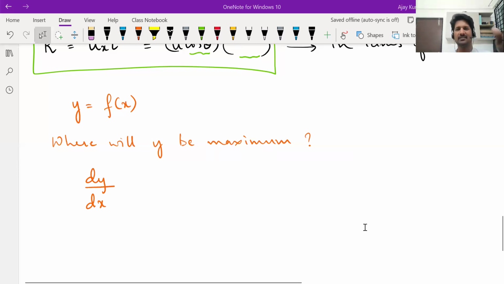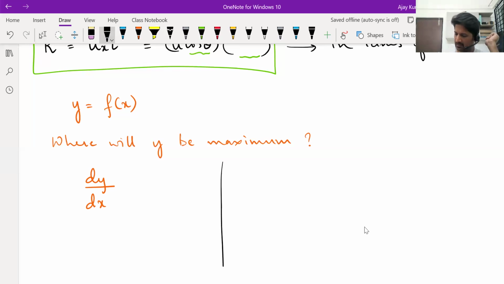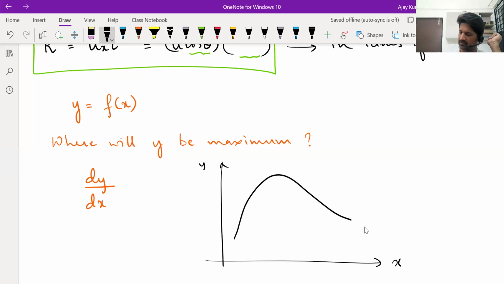See, whenever a function is a maximum or a minimum, you can visualize it like this. X-axis, y-axis. Let's say the graph of the function is like this. Now this is the point where y is maximum, right? Wherever the function is maximum, if you draw a tangent, its slope will be 0.